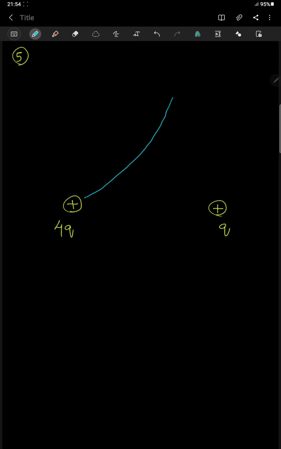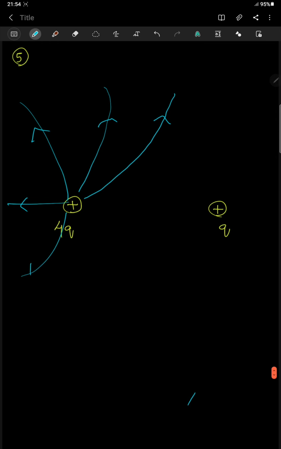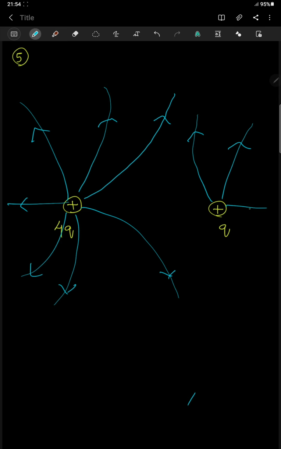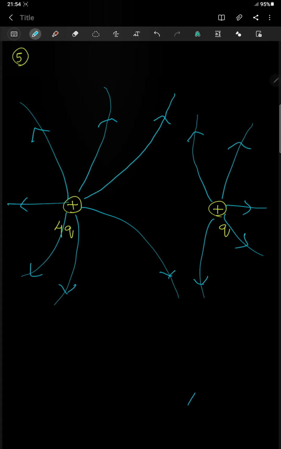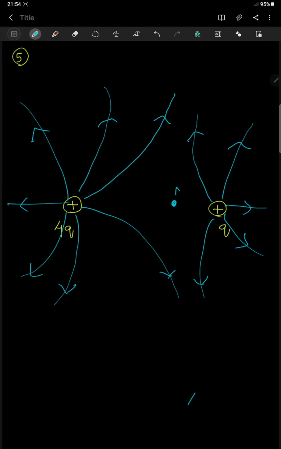It will be something like this. I'll draw some symmetric lines, and this one will go in this manner. And you'll find your neutral point will shift somewhere towards the lower magnitude side.